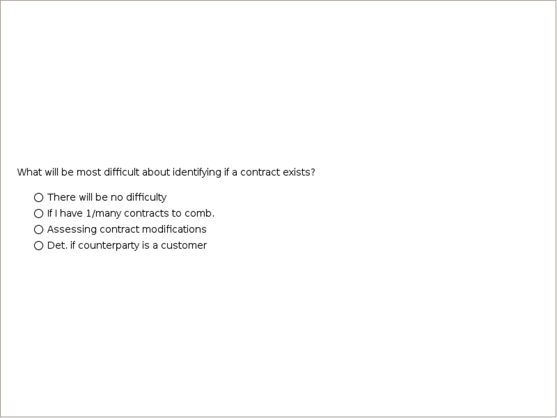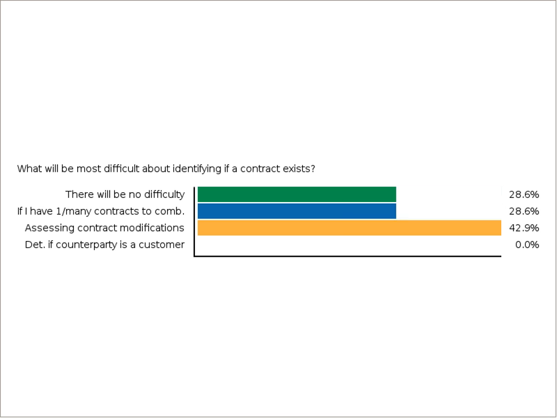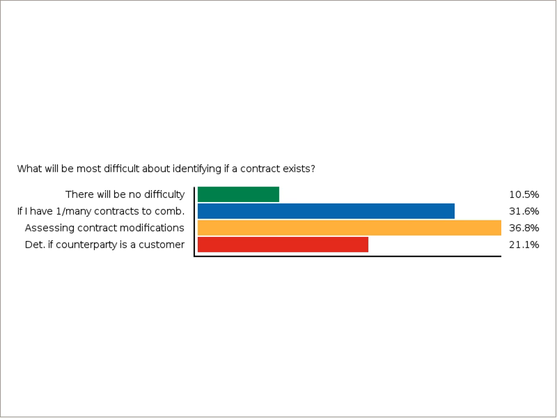And with that, we'll move into, do we have another polling question? We do. Okay. Question 3, what will be the most difficult about identifying if a contract exists? There will be no difficulty; determining if we have one or multiple contracts that can be combined for each customer; assessing contract modifications; or determining if the counterparty is a customer. Please make your selection now.